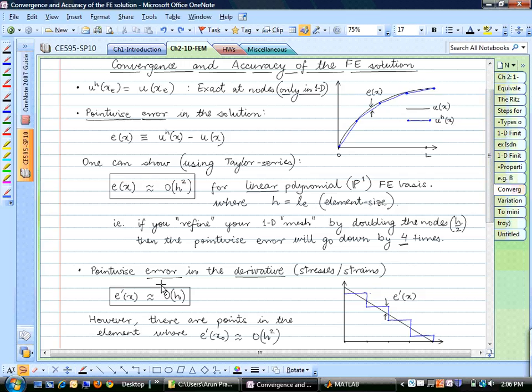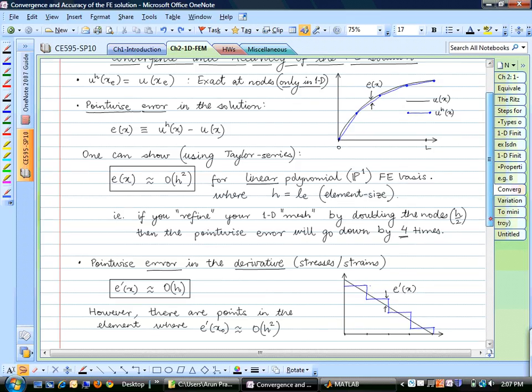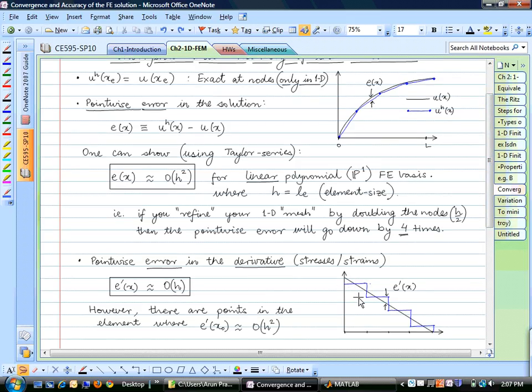But the error in the derivative, and remember that the derivative of the solution u is going to be strain. You multiply that with a constant, you get stresses. So the error in the derivative is only of order h. So what that means is that if you increase the number of elements, so here we had 4 elements, if we increase to 8, the difference between the finite element solution and the exact solution is going to go down by the same amount.